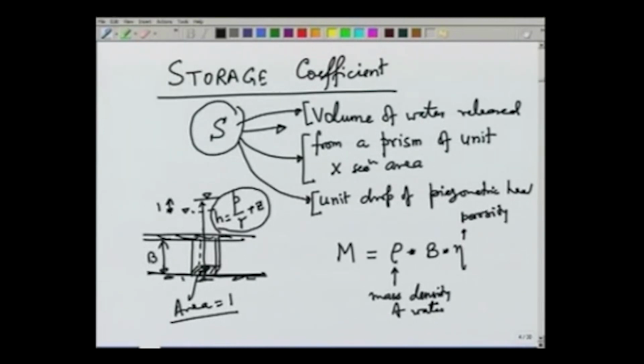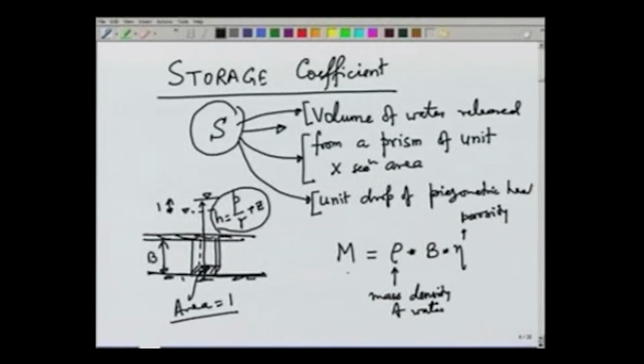So, the mass of water contained within this confined aquifer, the prism of base area 1, can be written as rho B eta, where eta is the porosity, and therefore, if this mass is changing, it will change because of change in all these parameters.